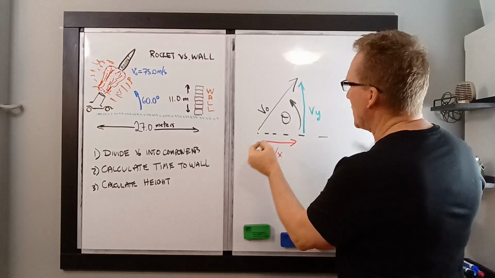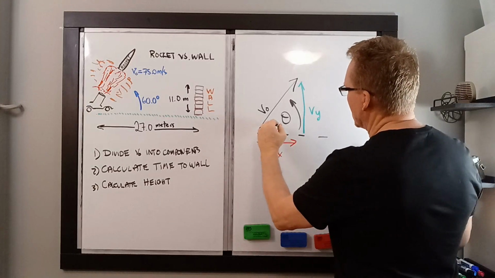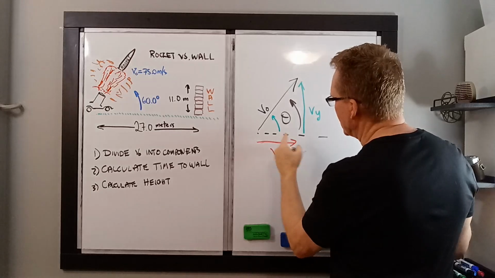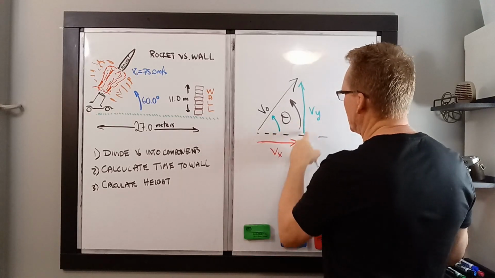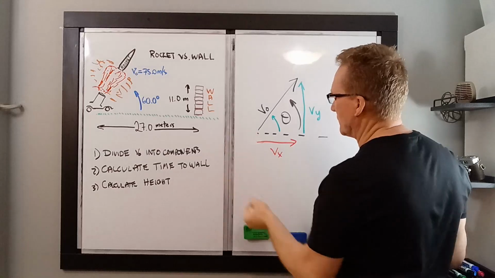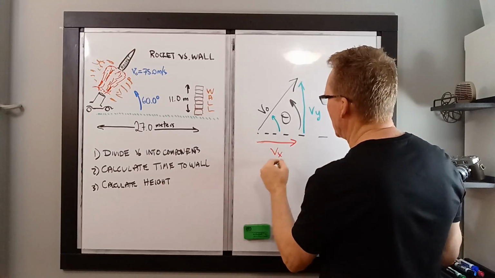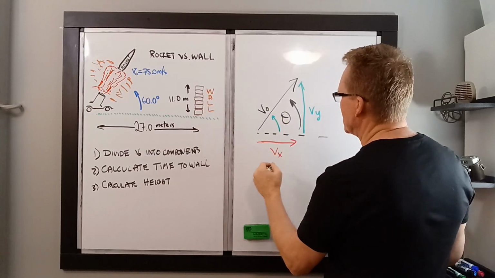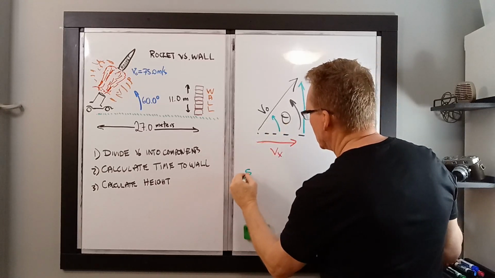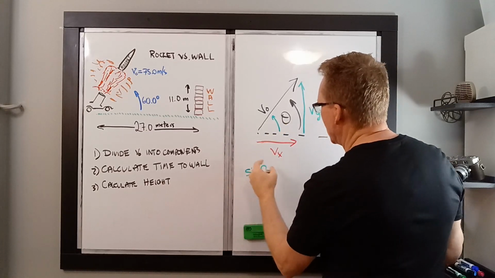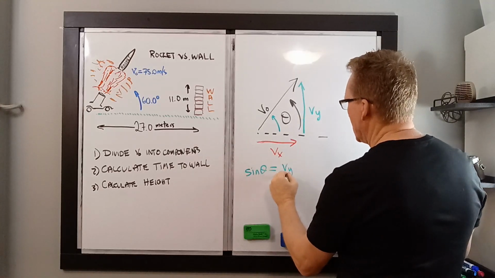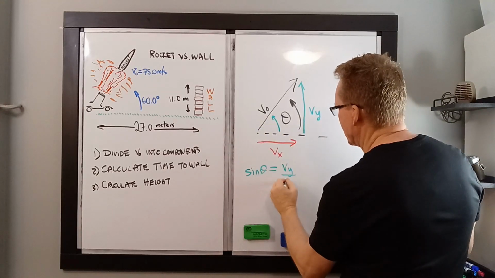If you look at the geometry here, this is the angle theta. From our sine, cosine, and tangent relationships, there's a relationship between the lengths of these sides and the hypotenuse. If you don't remember that, go back and check some of my other videos on the basic definitions of sines and cosines. So the sine of theta is equal to the opposite, that's Vy, over the hypotenuse, that's V0.